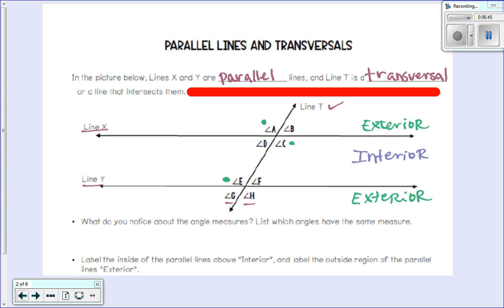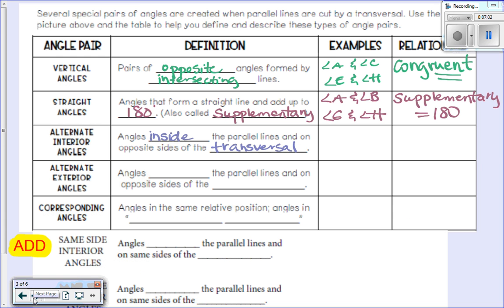Angle C and angle E. What else? Good. I'm going to switch colors. Angle D and angle F are also alternate interior. So angle D and angle F, and we also said angle C and angle E.